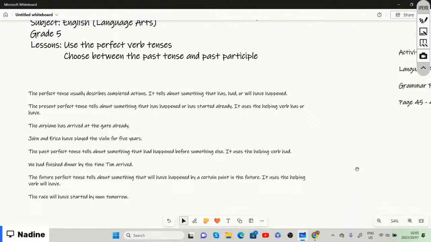A perfect verb tense usually describes a completed action, and it tells about something that has, had, or will have happened.